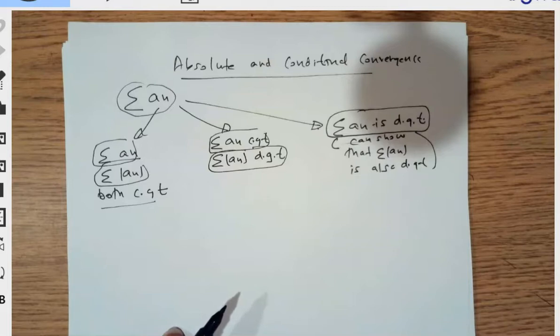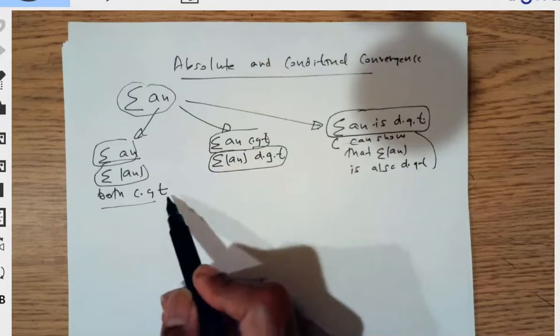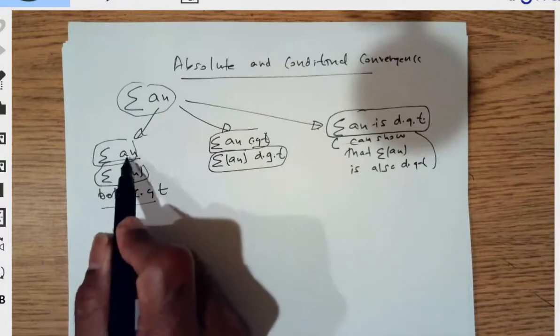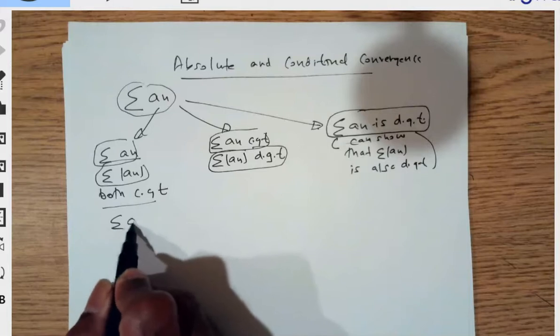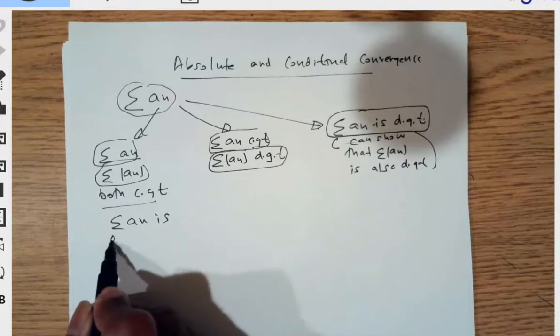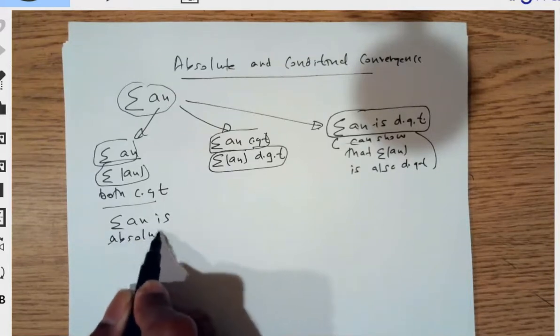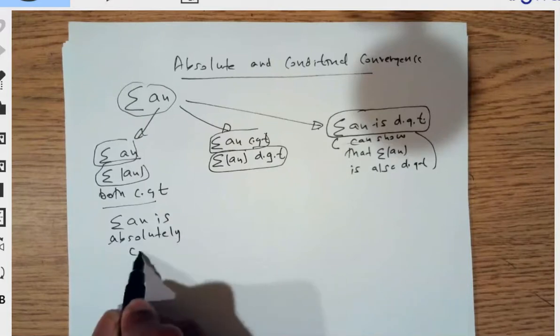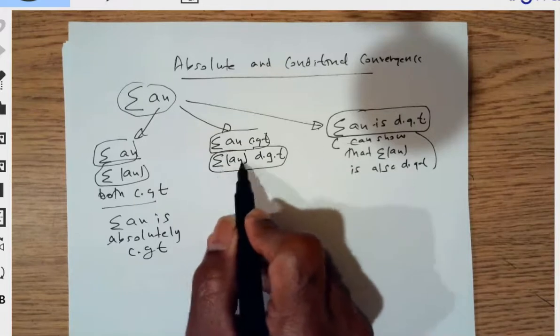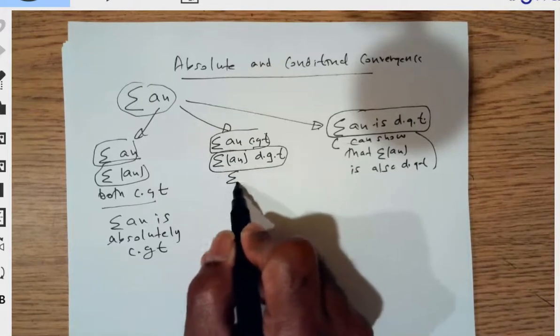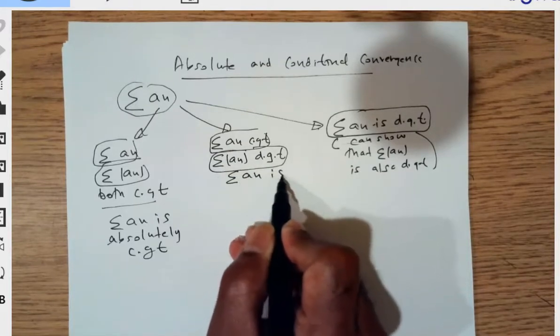Okay. So now look at the first one. When sigma an and sigma absolute value of an are both convergent, we say that sigma an is absolutely convergent. When sigma an is convergent, but sigma absolute value of an is divergent, we say that sigma an is conditionally convergent.